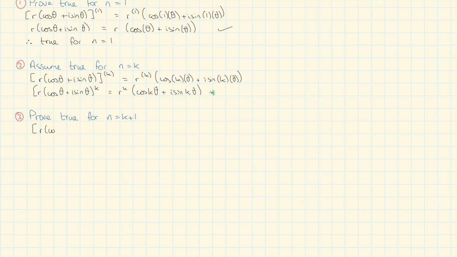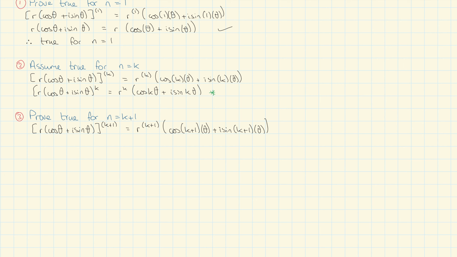We'll have r on cos theta plus i sin theta to the power of k plus 1 will equal r to the power of k plus 1 all on cos k plus 1 by theta plus i sin k plus 1 by theta.